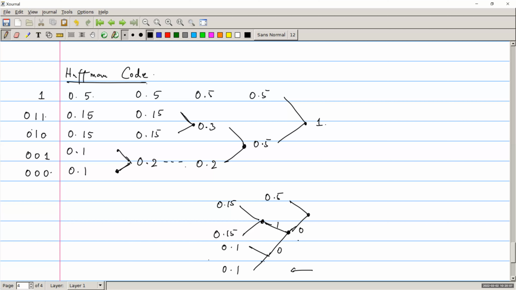The Huffman code is optimal. Given a set of probabilities, this is the code with the smallest possible expected code length. Because of things we have said before, we know that the expected code length must be greater than or equal to the entropy.